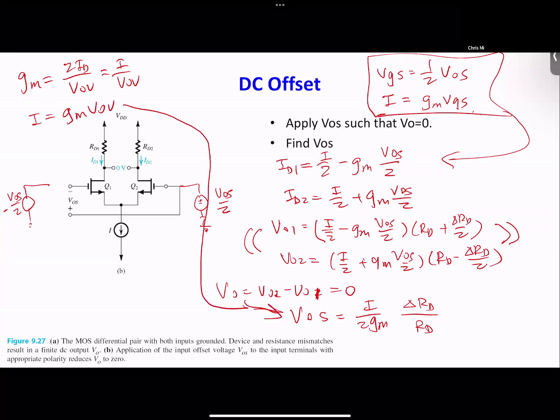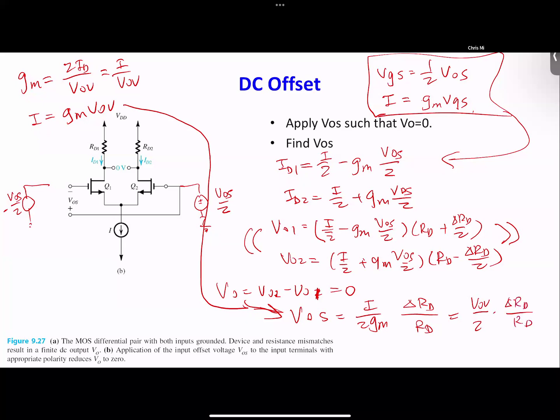We can plug it in over here. So GM is going to cancel. We got VOV over 2. So we got this number here finally.